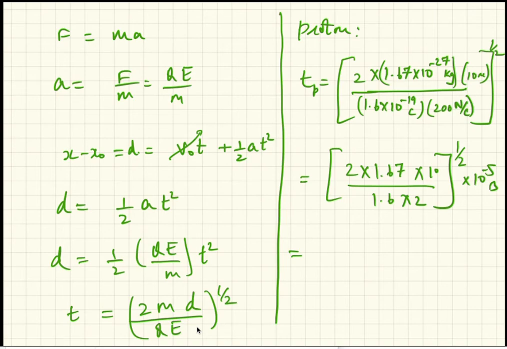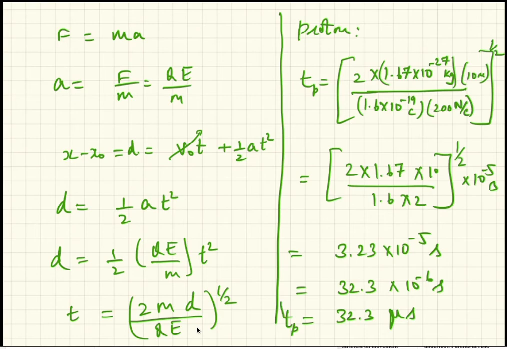This is equal to 3.23 into 10 to the minus 5 seconds, which is 32.3 into 10 to the minus 6 seconds, 32.3 microseconds.